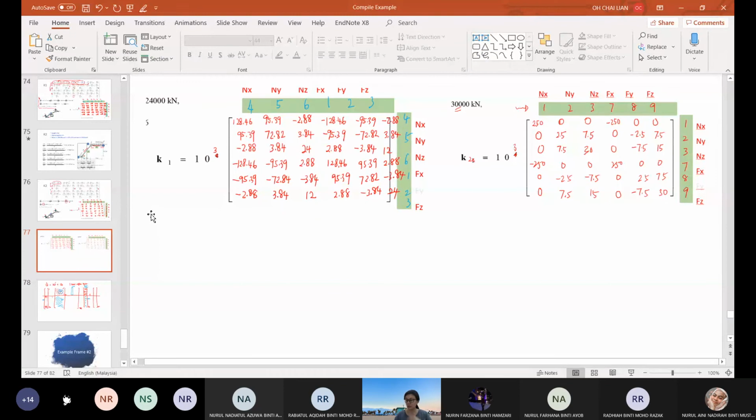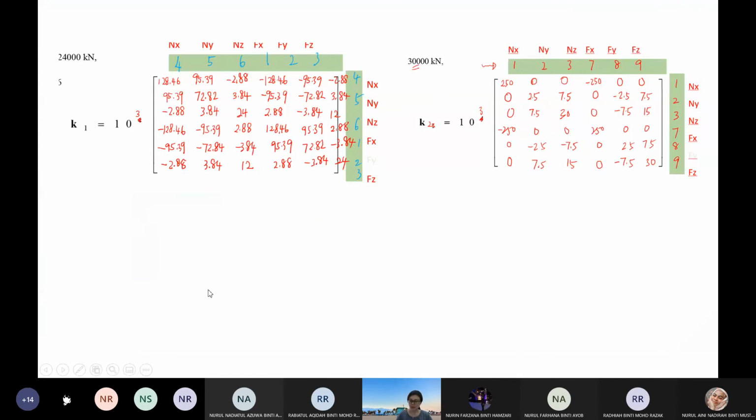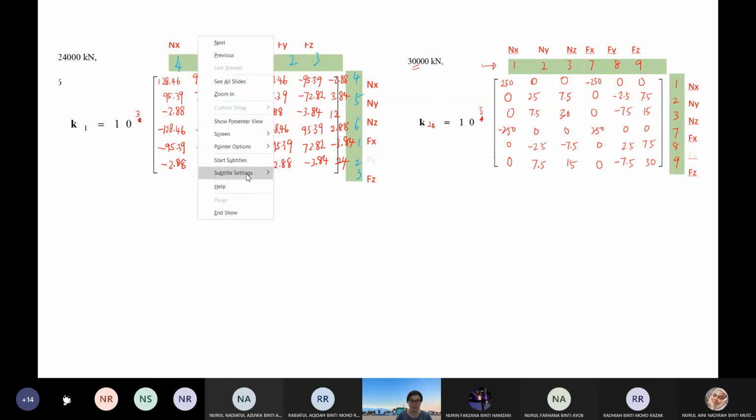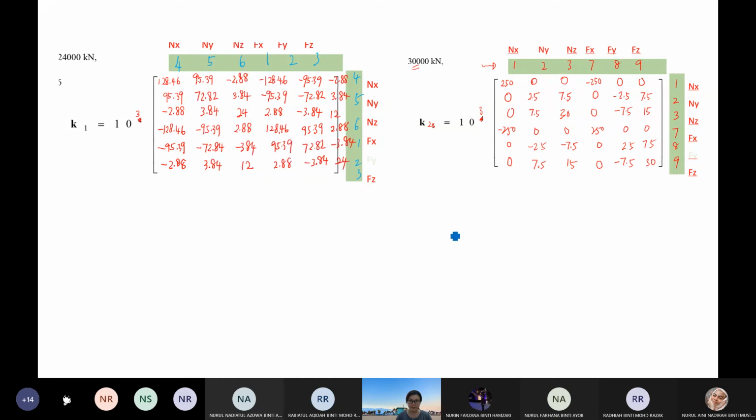So here we are going to find the structural stiffness matrix.